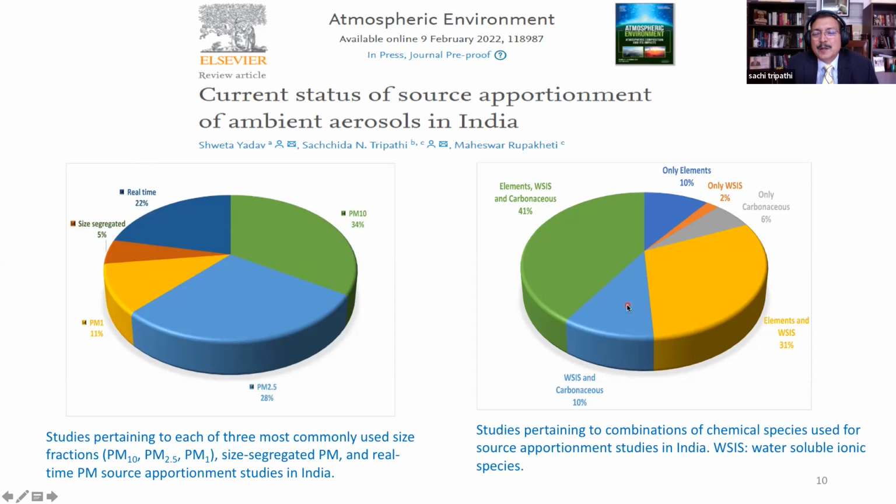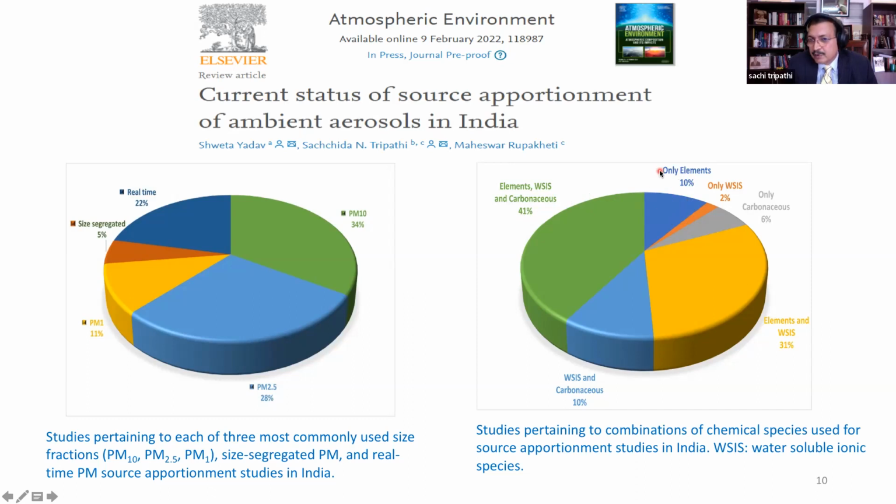Now, let's see what kind of data related to water-soluble inorganic salts we have used in the source apportionment studies conducted in the country. 41% of them have used elements, water-soluble inorganic salts, and carbonaceous, that is EC and OC. Some studies have done source apportionment using only elements.